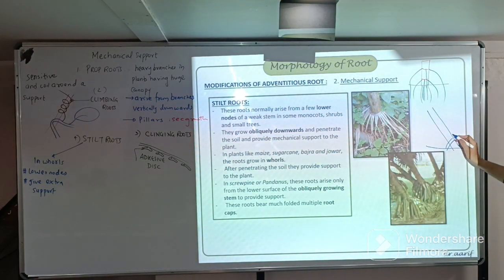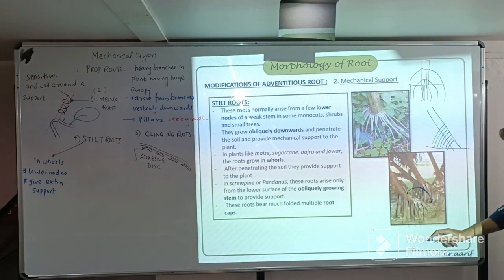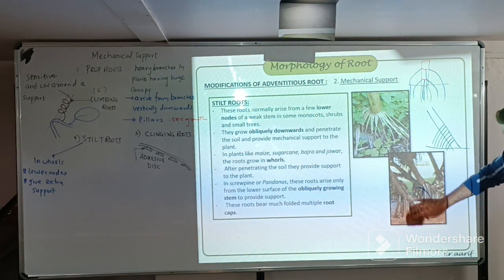That is why you'll see that these roots, the blue lines, are they going in all directions or only on one side? One side. Look, here it is an oblique stem. On this side there is no root. All of them are only on one side. Did you understand?